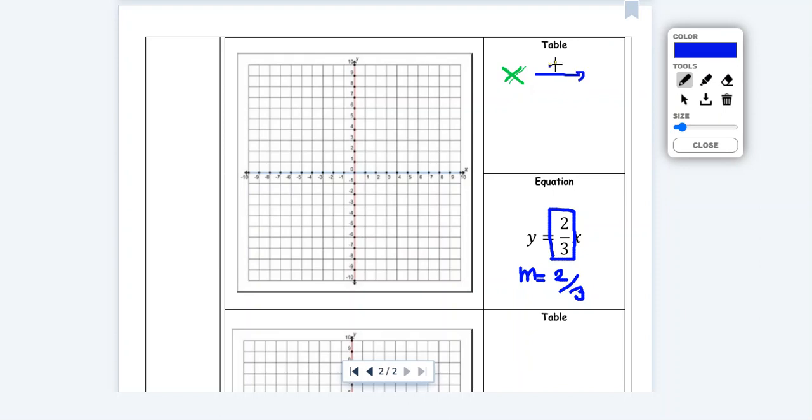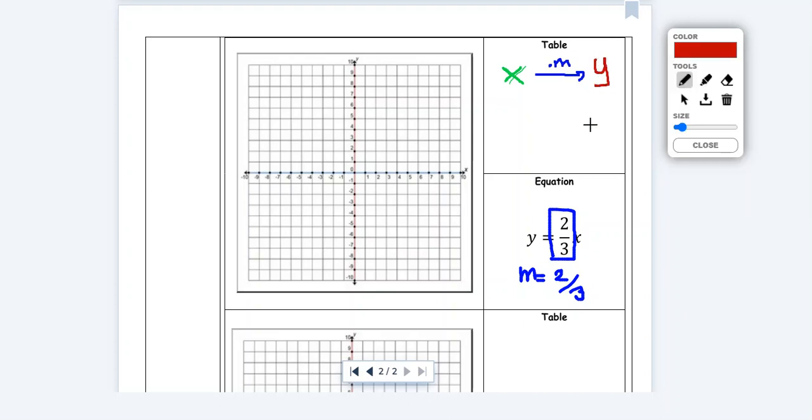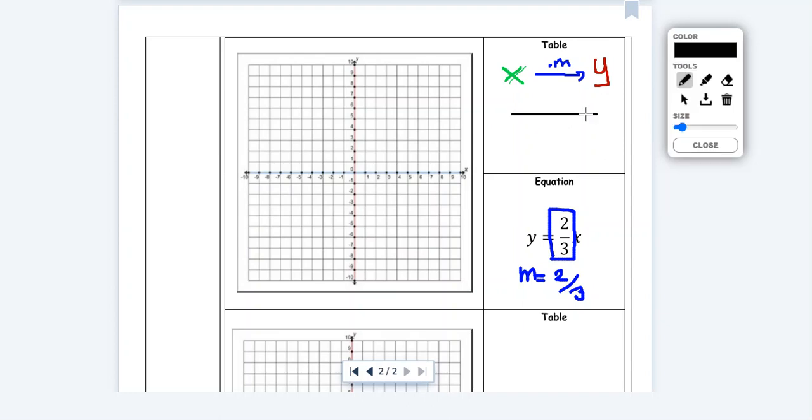So times our slope, and that's going to give us our y value. Okay, so let's put in some points for our table. And remember, we can pick points. Now 0 is always a good point to pick because frankly, anything times 0 is 0. So that's kind of a given.